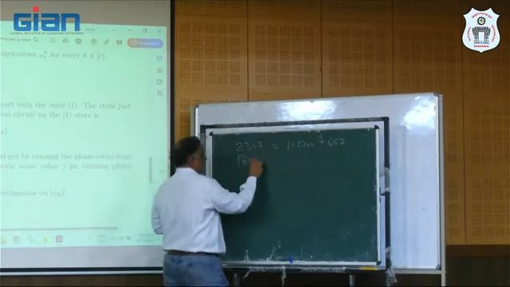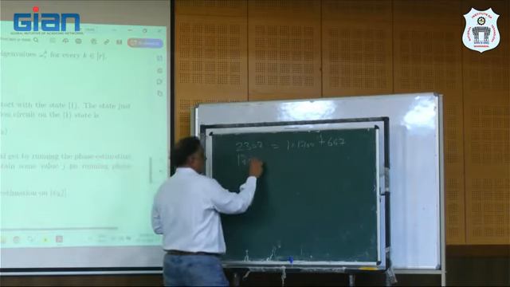Then we're repeating with these two. 667 is 1 into 366 plus 301. Then repeat with this. 366 equal to 301 plus 65.